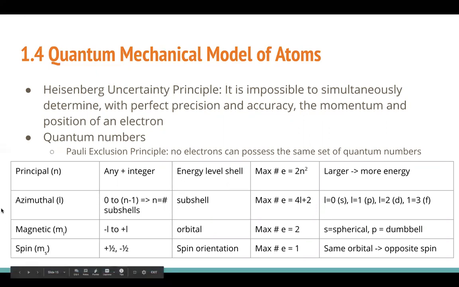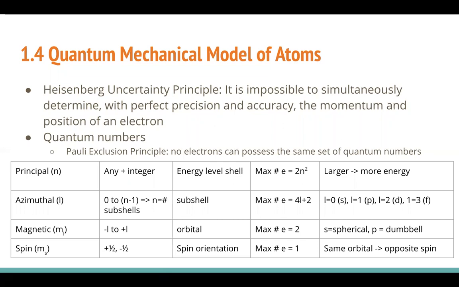The magnetic quantum number goes from minus L to plus L, and it is the orbital. You probably know it better this way: for example, the s subshell has 1 orbital, so it has 1 place for electrons to be.